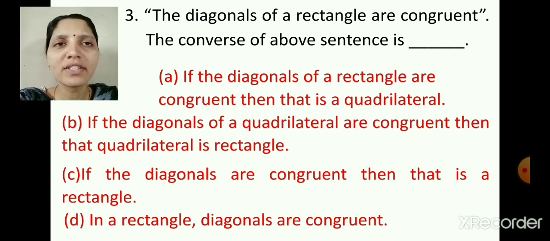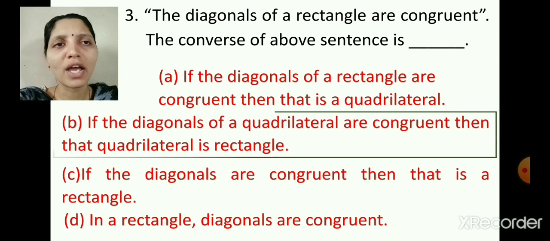So let's see the options first. First option, if the diagonals of a rectangle are congruent, then that is a quadrilateral. This will surely not be your answer. If the diagonals of a quadrilateral are congruent, then that quadrilateral is a rectangle. So this is your answer.